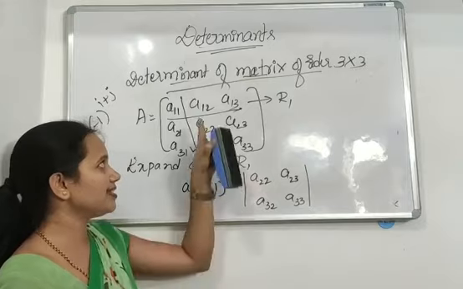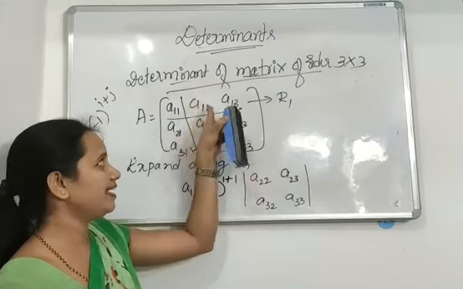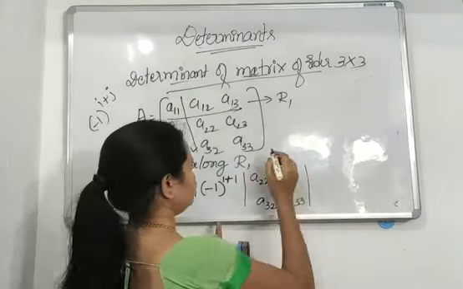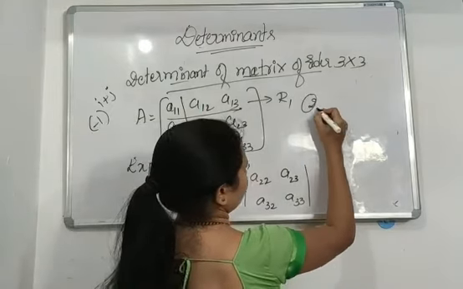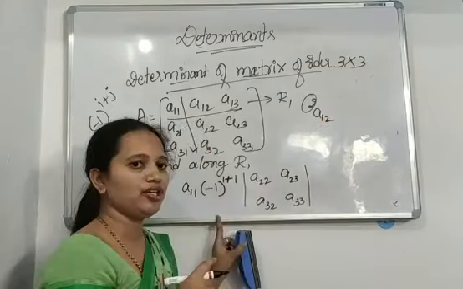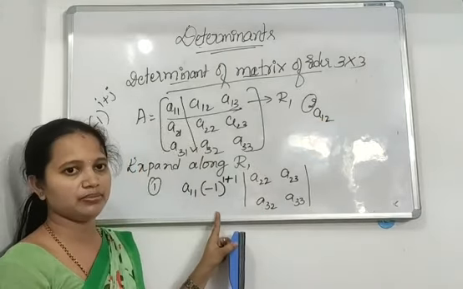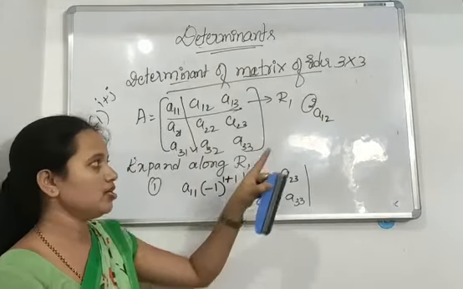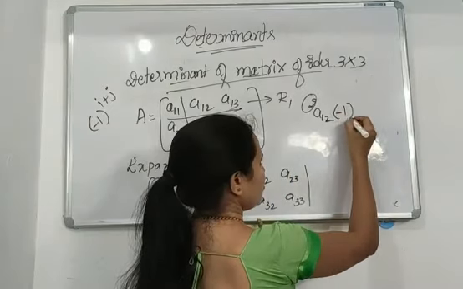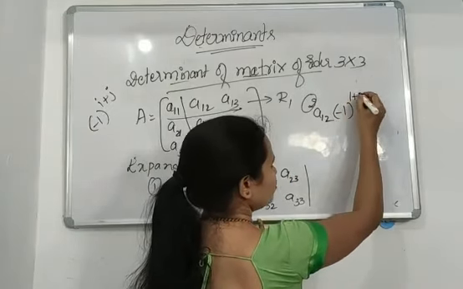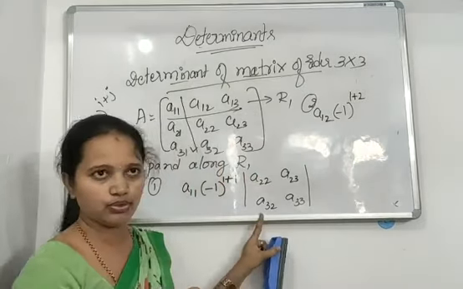Next, take the second element, A12. Again you have to multiply by minus 1 power I plus J. In A12, I value is 1 and J value is 2.